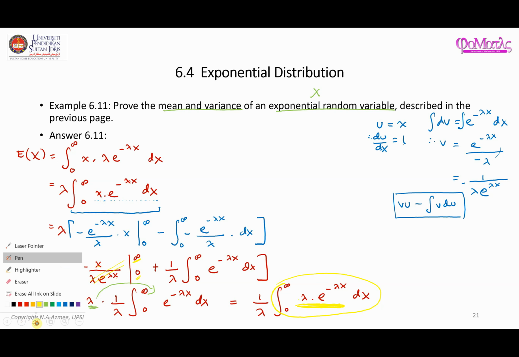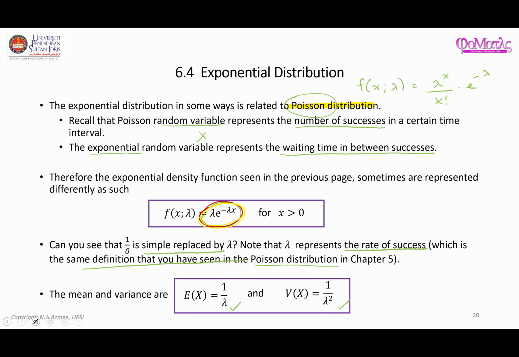Therefore, we have 1 over λ times 1, which is equal to 1 over λ. So that's the mean of a random variable where x has an exponential distribution. So we are able to show that one. That's quite easy to do.